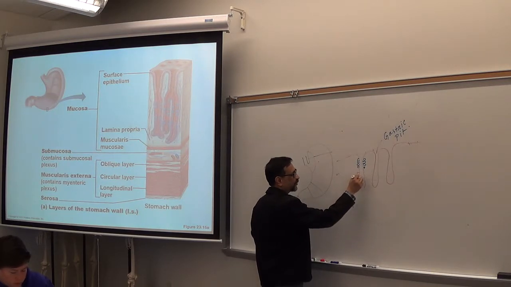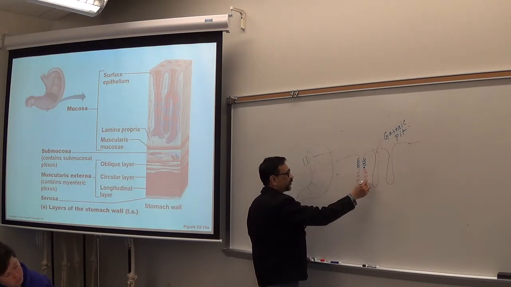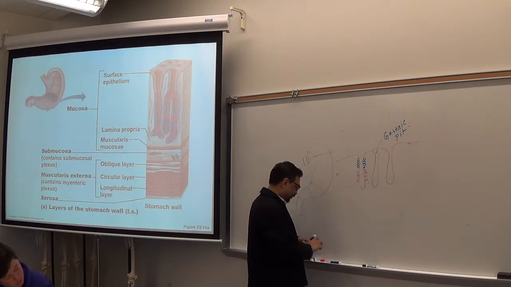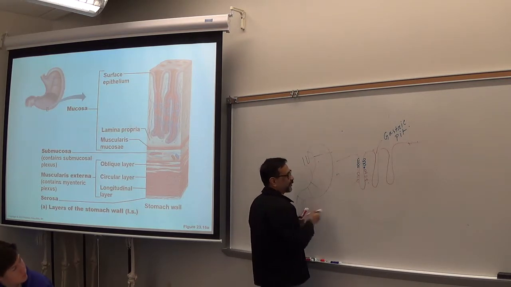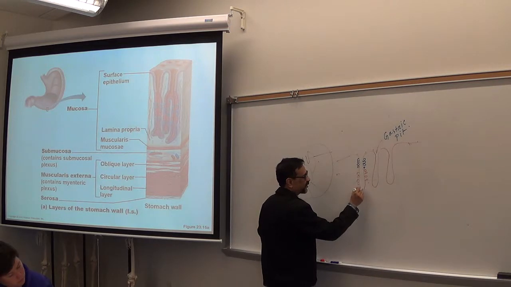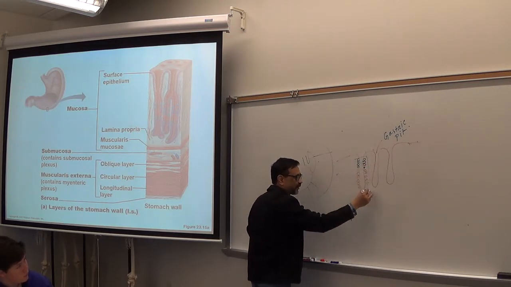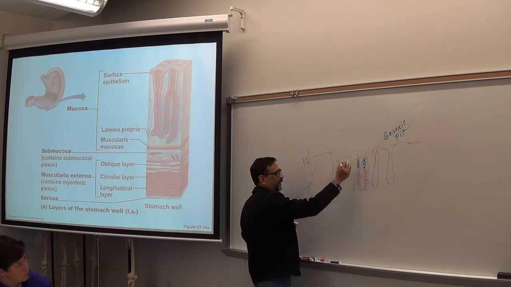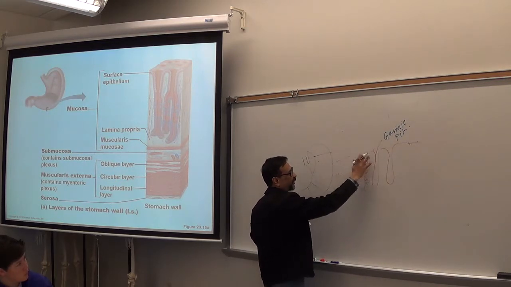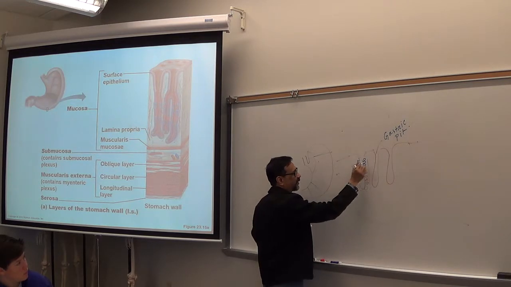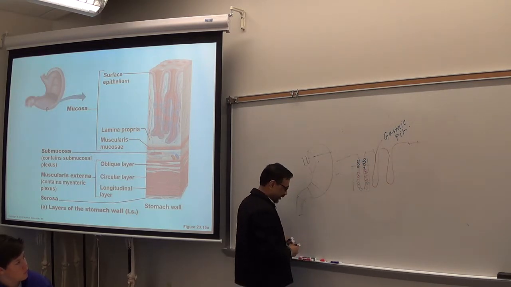We'll see what those cells are, but just know that the part below the pit is called the gastric gland.